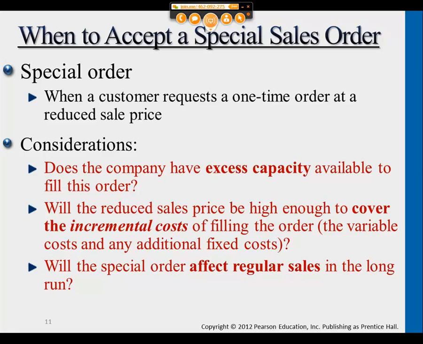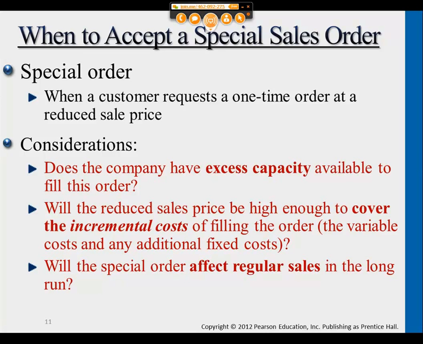Another question we need to ask: will the reduced sales price be high enough to cover the incremental cost of filling this order? So the variable cost and any additional fixed cost, that's us going back to the previous slides. I need to understand what my variable costs are and what the additional fixed costs are.